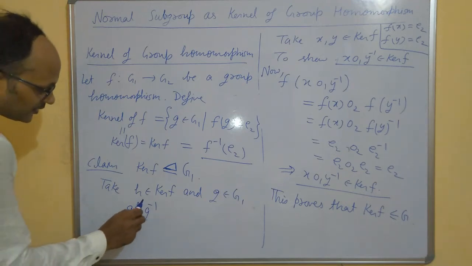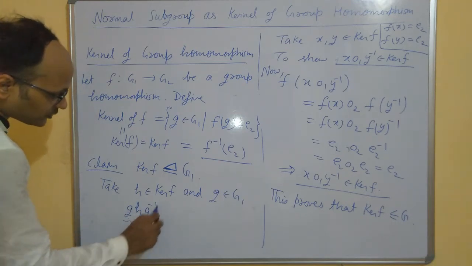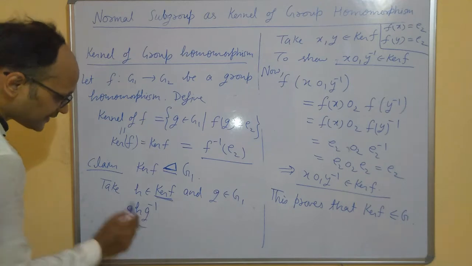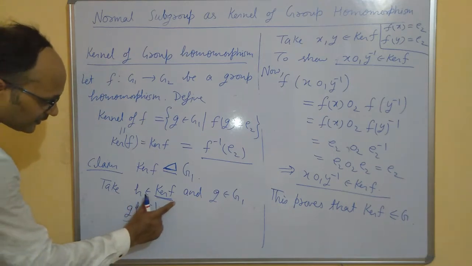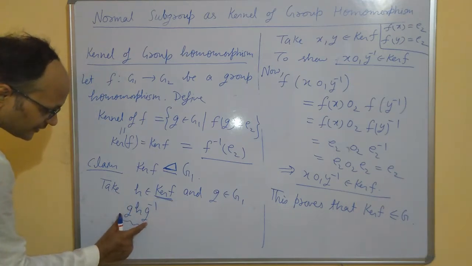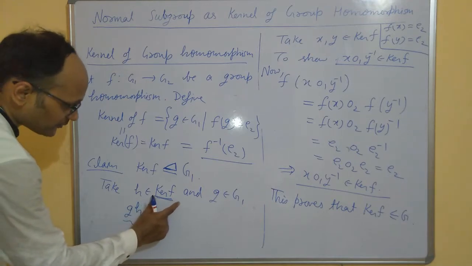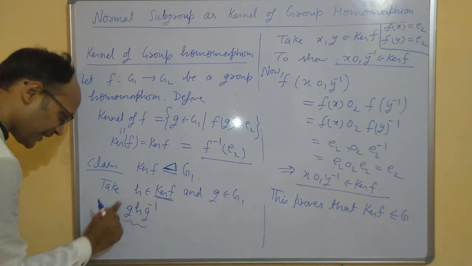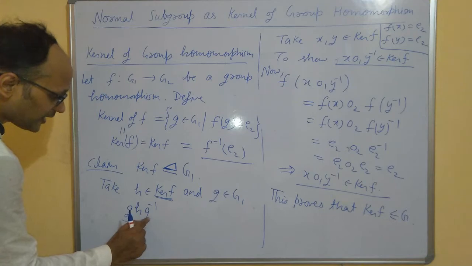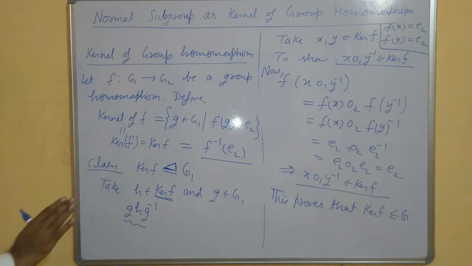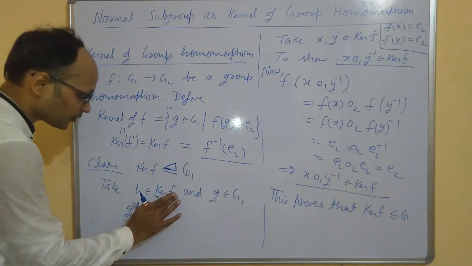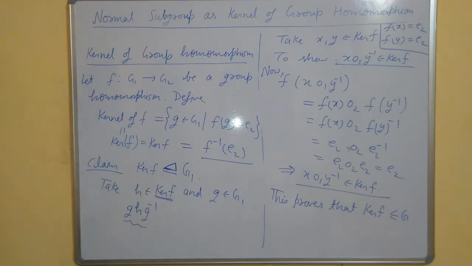Because showing that an element belongs to the kernel of f is easy for us: we can apply f on this element and, by the property of homomorphism, show that it belongs to the kernel of f.